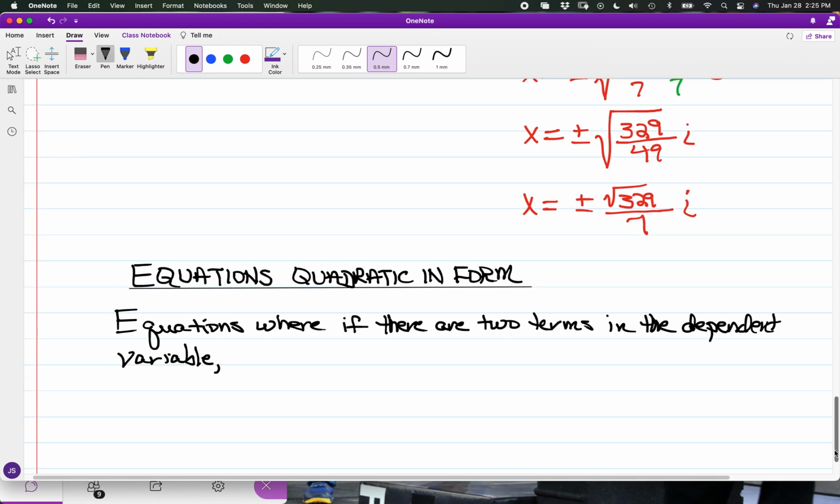but you might have other categories like differences of squares where you would not have two terms in the variable.